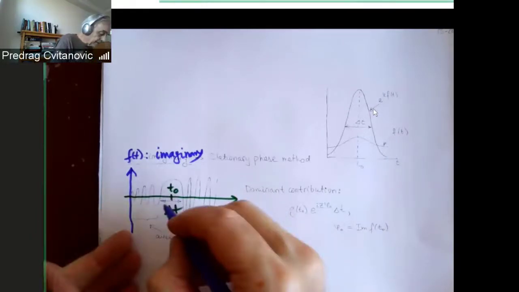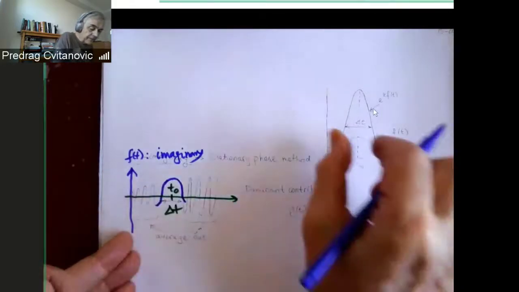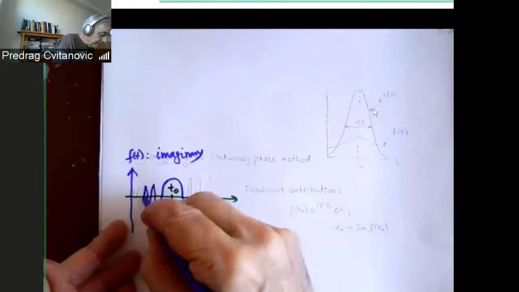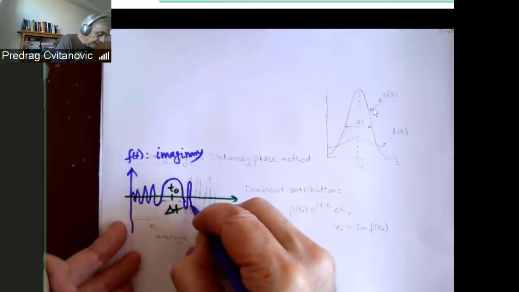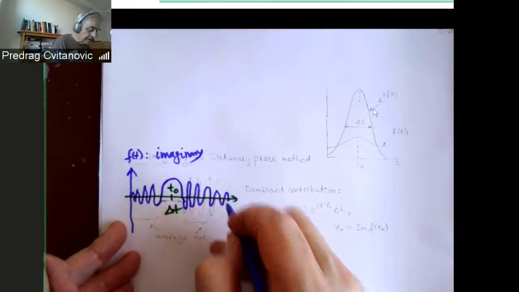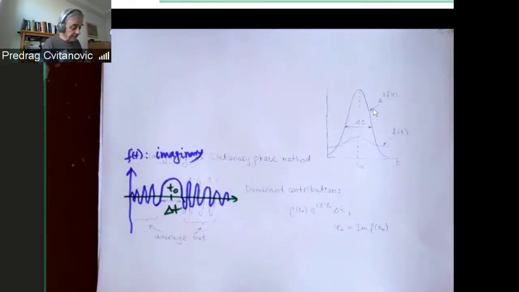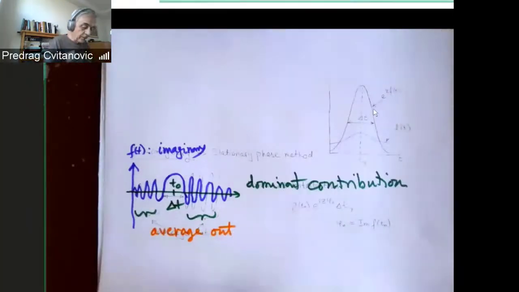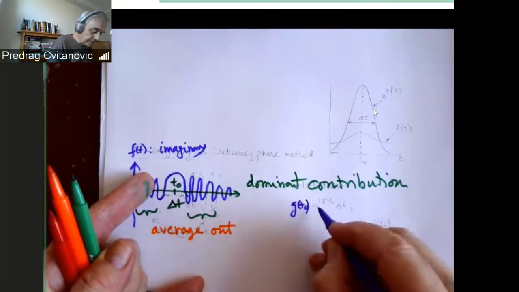So this integrand will look okay in the interval of that width. But then as we go out, it'll start oscillating, and its amplitude might be controlled by the tails of the exponential of my function. But it's a nasty thing. Now, intuition about how this integral will be evaluated is that this will average out, and the dominant contribution will be the prefactor function, whatever it is.